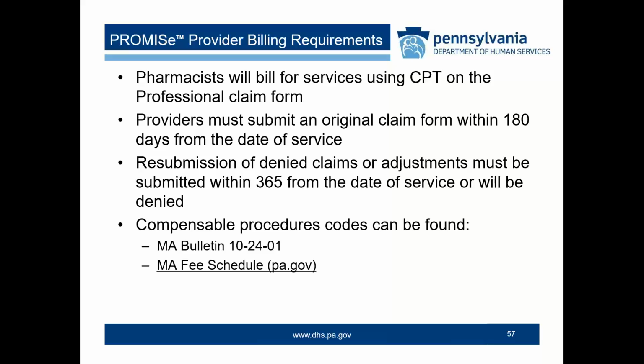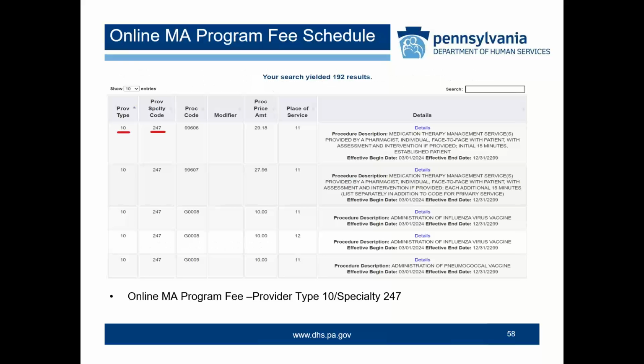So on the next slide, this is just a screenshot of that online MA program fee schedule. You can do a search on your provider type and then your specialty.